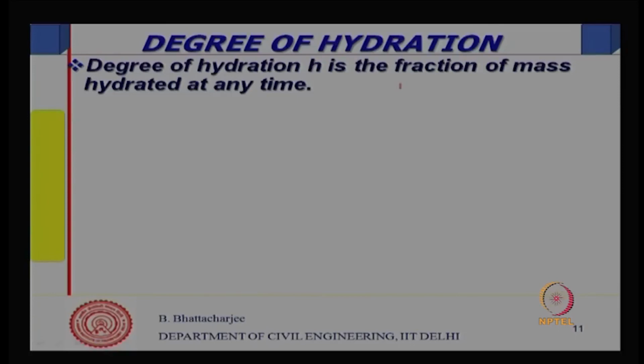We define the term degree of hydration. Degree of hydration is the fraction of mass hydrated at any time. In our case, we are denoting it by H. So, degree of hydration H is the fraction of mass hydrated at any time.